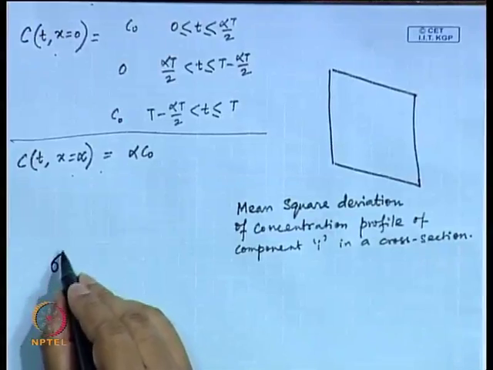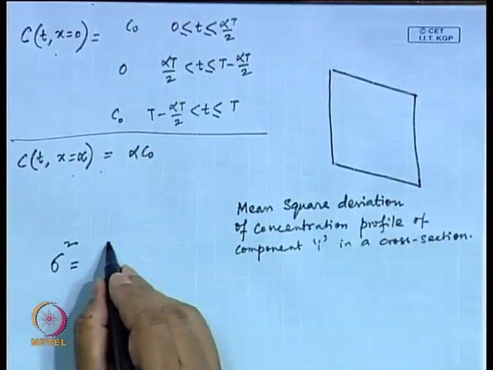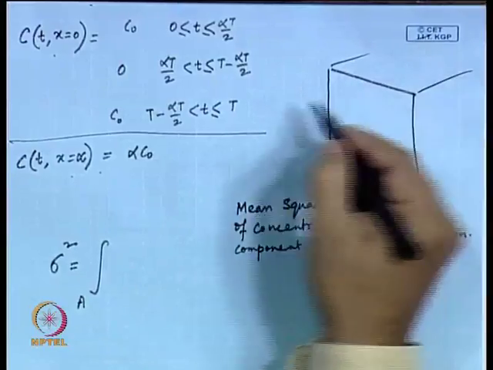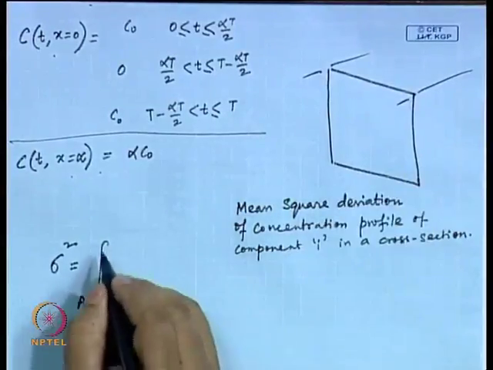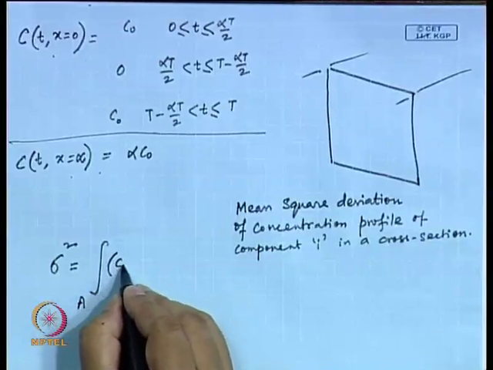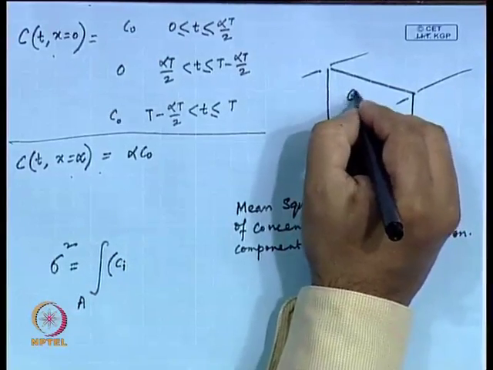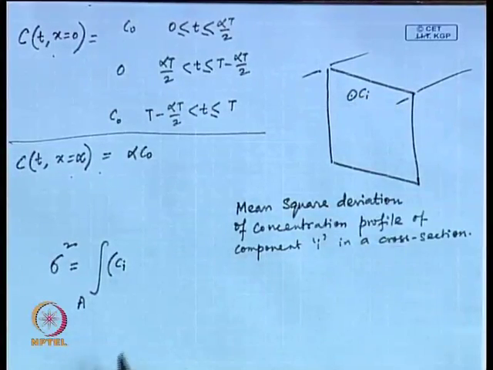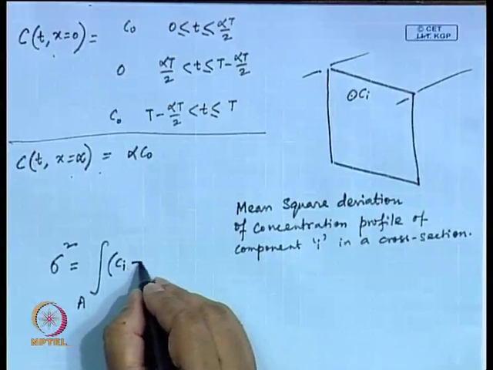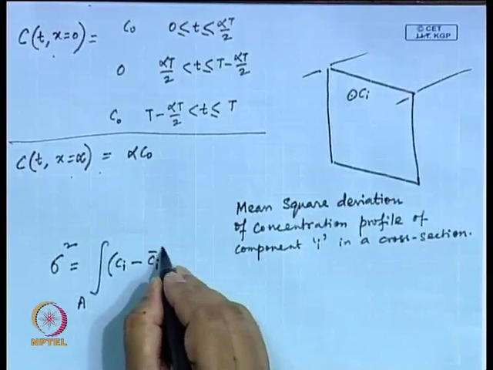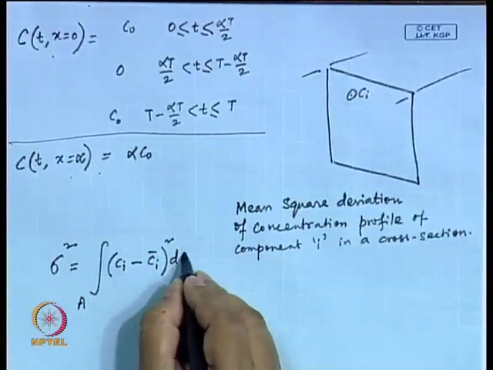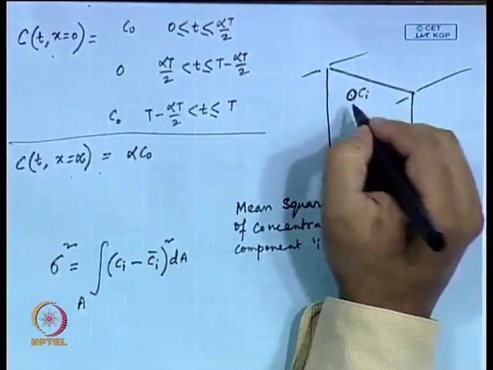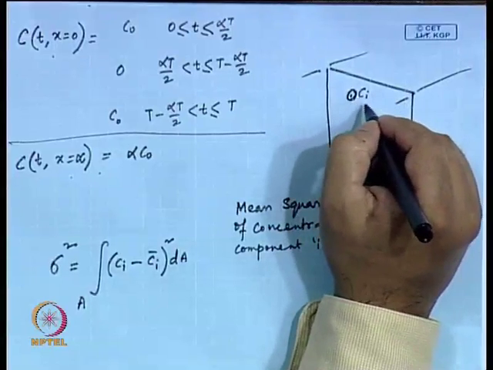If I write this as sigma square, that would be the integral over this entire area. Area is basically, this is a continuous flow. Over this entire area A, you pick up some arbitrary point, and that has a concentration C_i. So, (C_i minus C_i bar) whole square dA. So, this area is dA and that area has a concentration C_i.